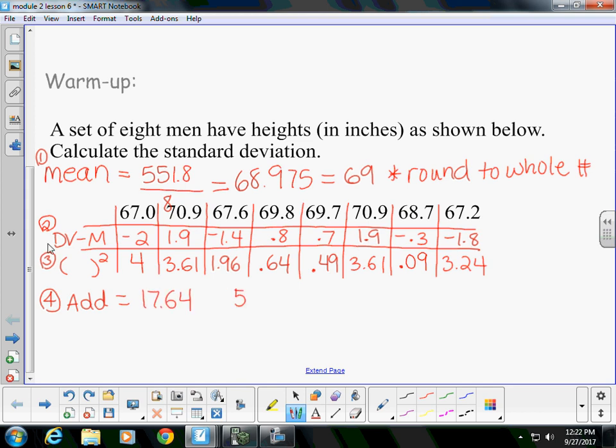The next step, I want to divide by n minus 1.